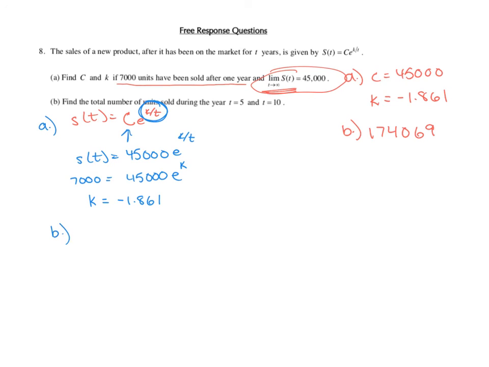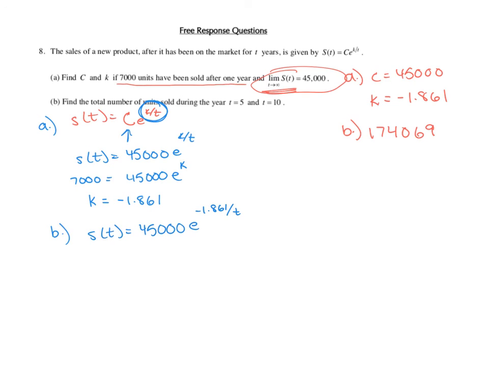Part B, we want to find the total number of things sold. So we're told the sales, now we have a full expression for S of t. It's 45,000 e to the negative 1.861 over t.